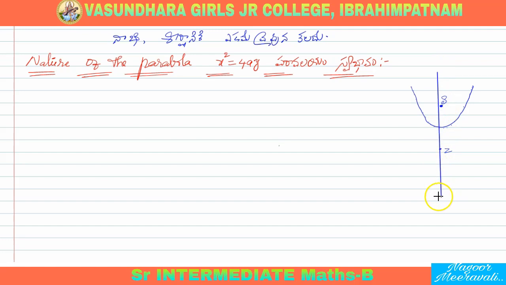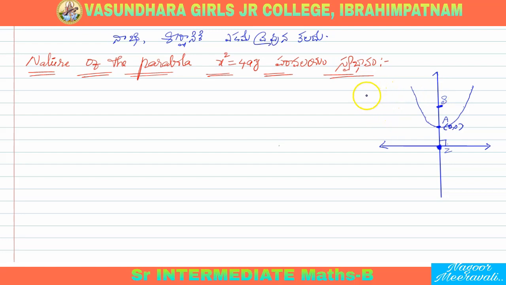Sorry, this is the principal axis, not the directrix. The principal axis cuts the parabola at A. Now the directrix is this. So this is the directrix. Now the vertex coordinates are (0, 0). So this is the diagram.